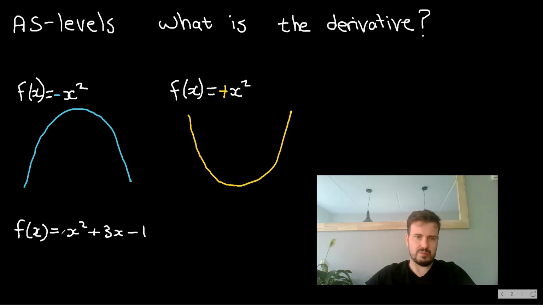And so the positive here would be a happy face. And instead of being a negative, it would be a sad face. So that's the first thing, but that's now not part of the differentiation. That's just actually from functions.